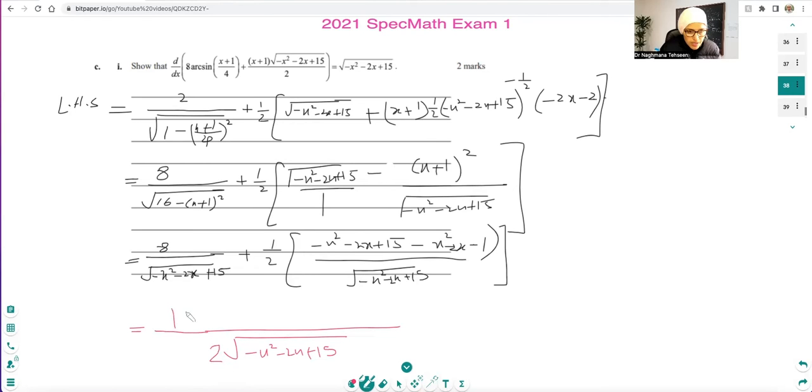And this will become 16 plus, let's see if we can simplify that. Okay, so we just need to do a bit more working out. So this will be 2 over x squared minus 2x plus 1. Yeah, that's fine.